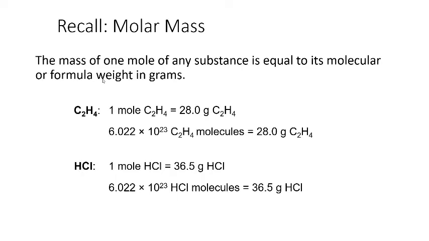Okay, and then once we have this molar mass, which has units of grams over moles, this can now be used as a conversion factor for you to convert between number of grams and number of moles. So you can either go in one direction to convert from grams to moles, or you can go in the other direction using the conversion factor to go from number of moles to number of grams.